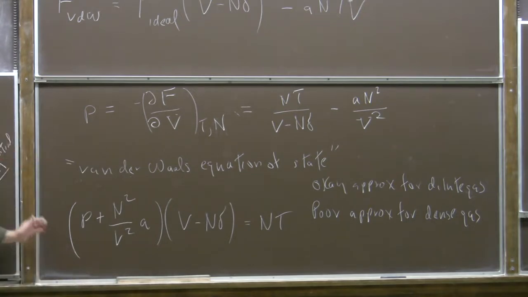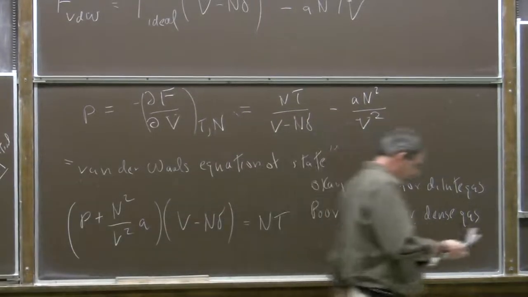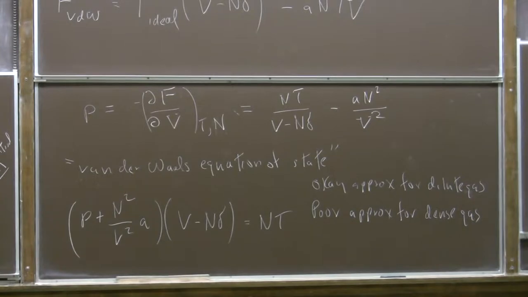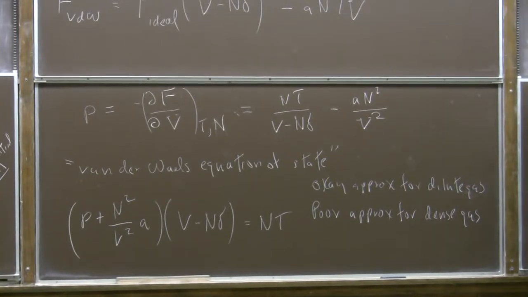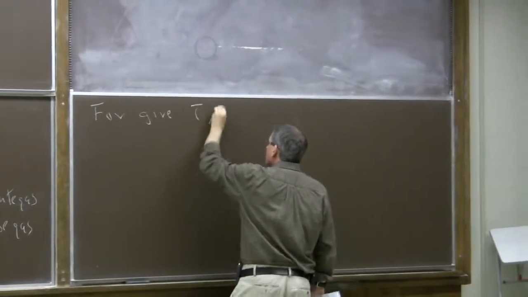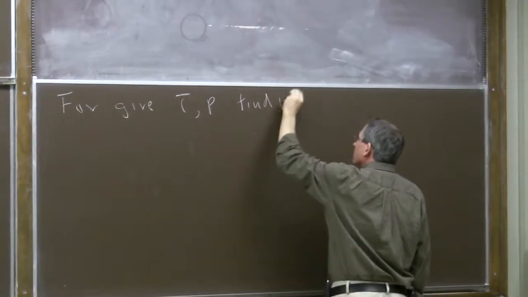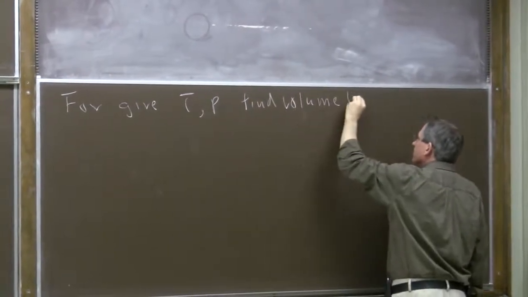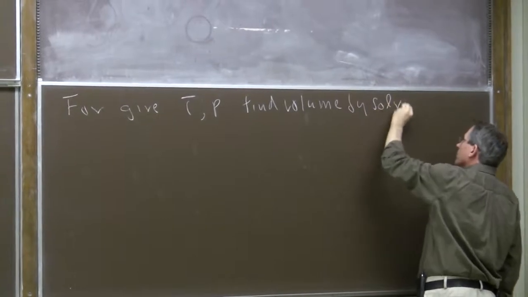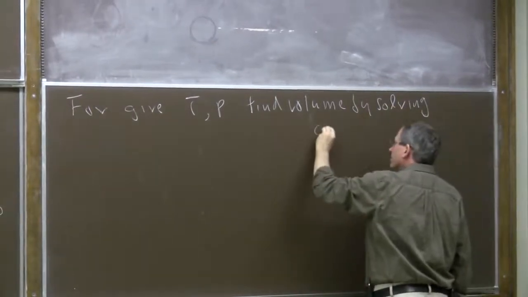Okay, so we can think of this equation as determining the volume when we specify the temperature and the pressure. But in fact, to find the volume now, we have to solve a cubic equation. For given temperature and pressure, find volume by solving cubic equation.